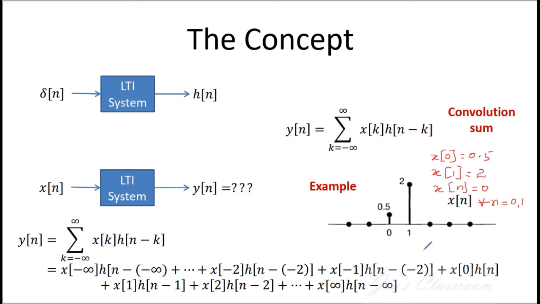Therefore, in the entire expansion, there are only two terms going to remain: the terms containing x of 0 and x of 1. That is this term and this term. All other terms will be equal to 0.